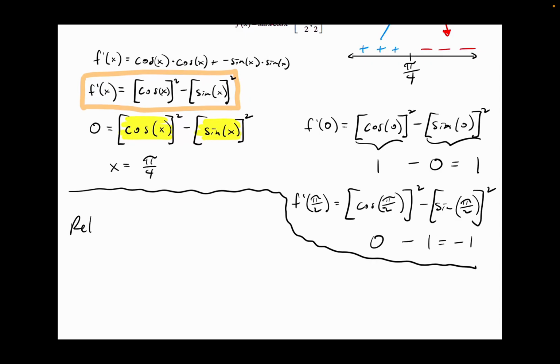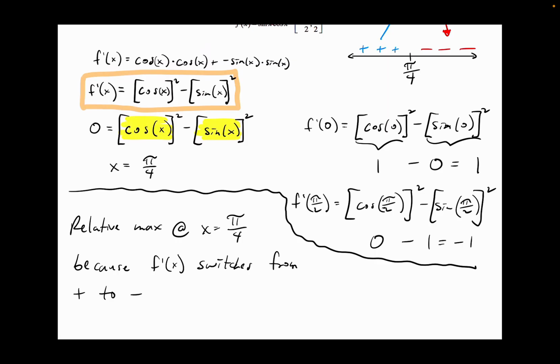So there's a relative maximum at x equals pi over 4, because the derivative switches from positive to negative. Okay.